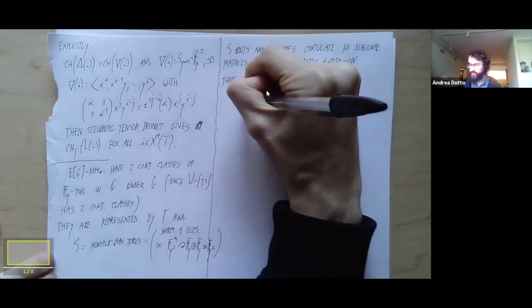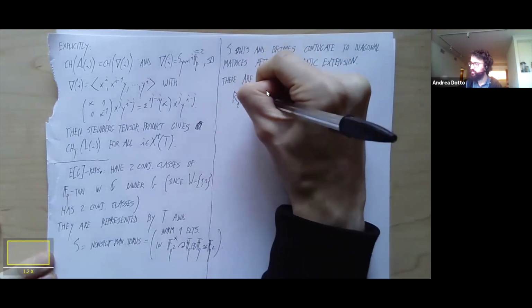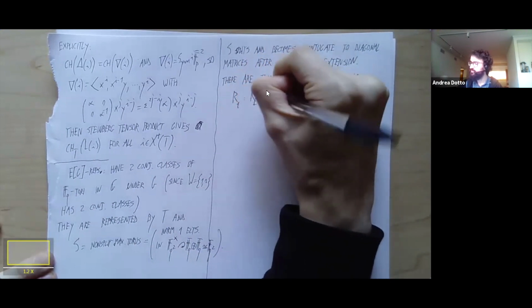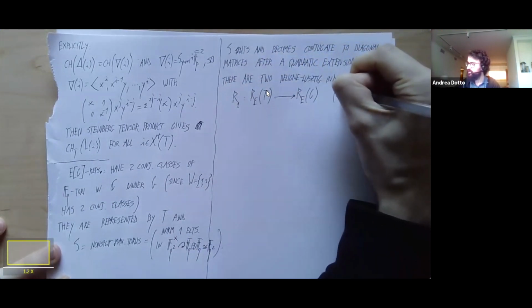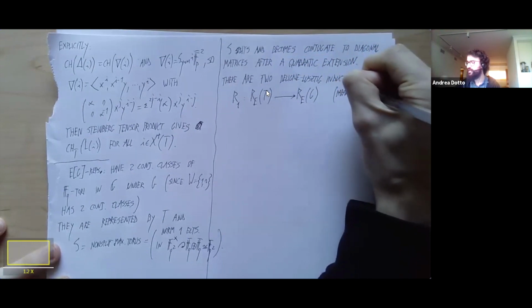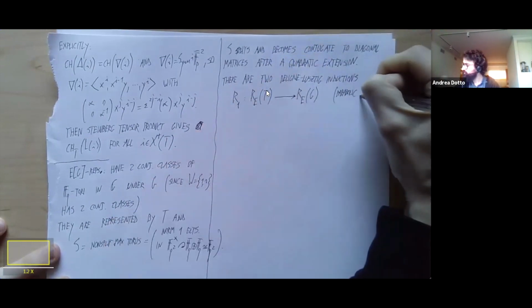The first one I'm going to call R_1, and it's just parabolic induction going from R(T) to R(G). This turns out to be just parabolic induction. So you inflate to the Borel and then you induce.